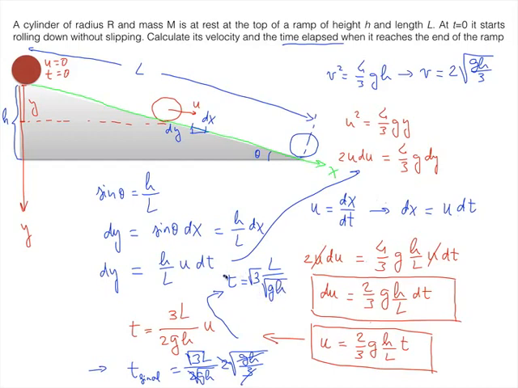So this is the answer for the second part of the problem: the time it takes the cylinder to go from the top, being initially at rest, to the end of the ramp.